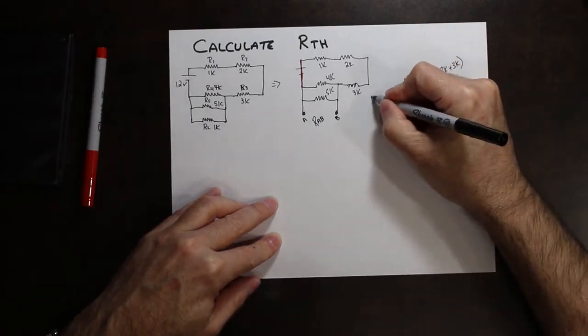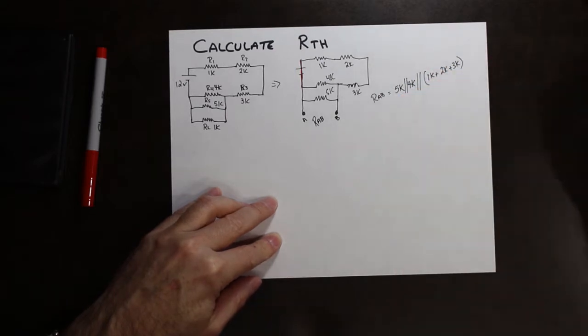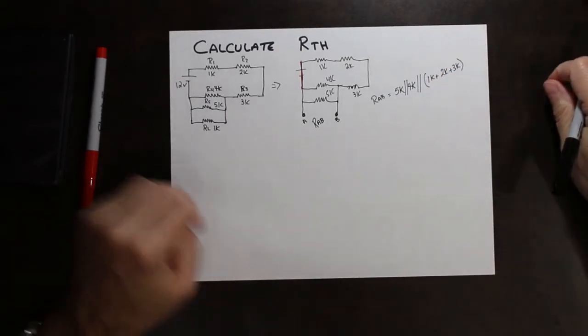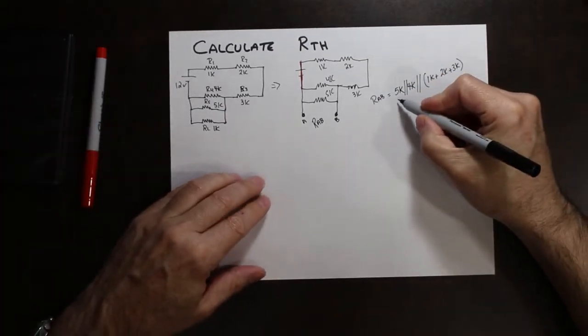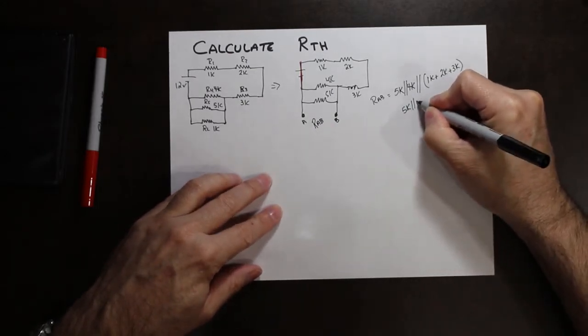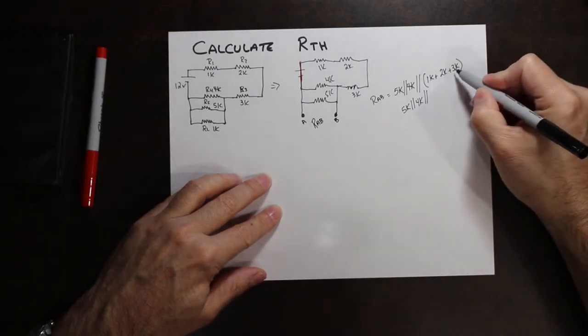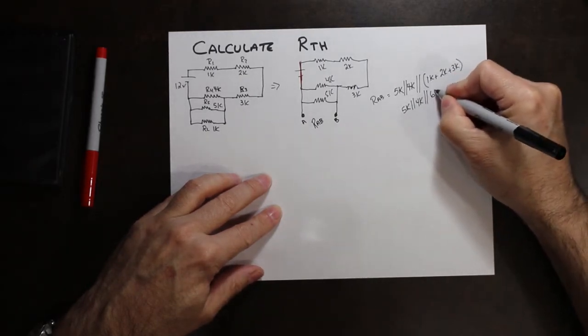This becomes the resistance from A to B, and that resistance is Thevenin's equivalent. So we're going to solve this down: 5K in parallel with 4K in parallel with 1 plus 2 plus 3, which is 6K.